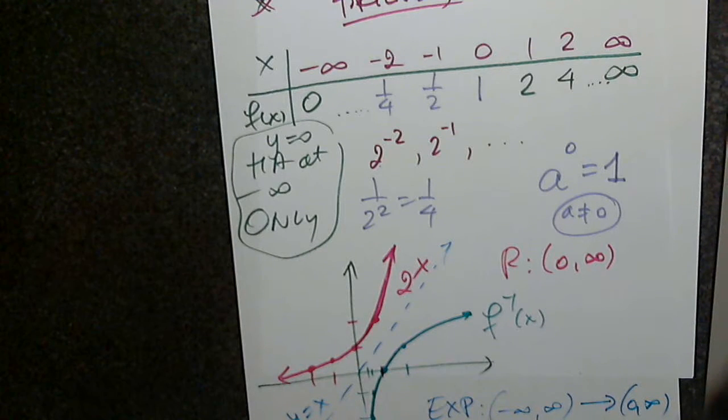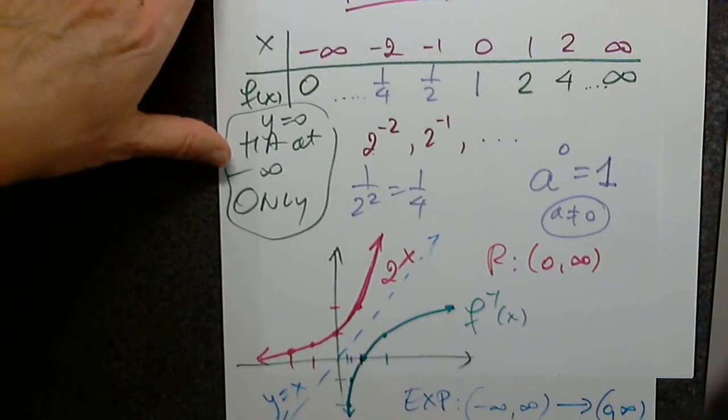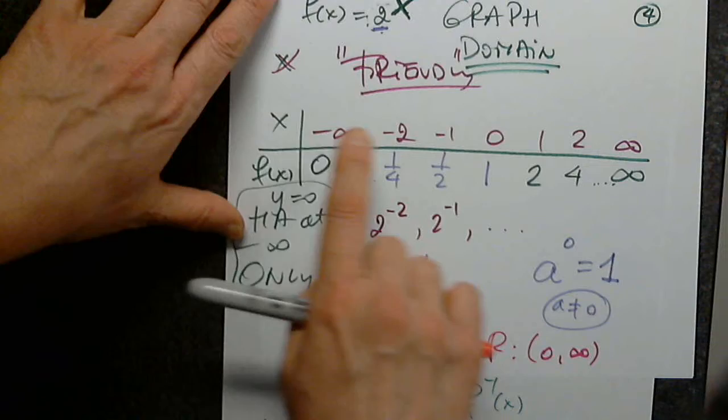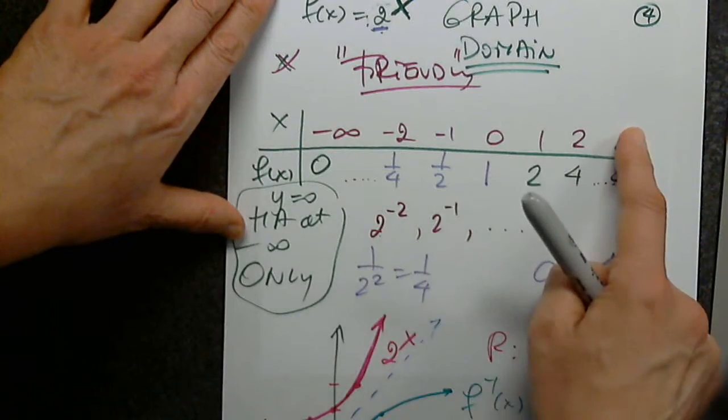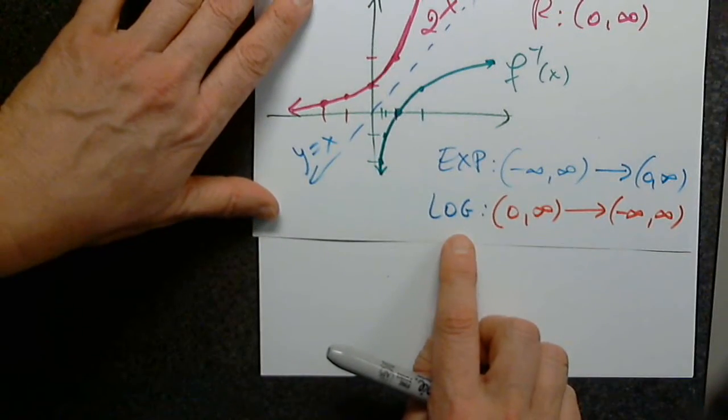That's how the inverse function works, right? So the exponential function is defined on all real numbers and the range is 0 to infinity. It must be reversed for the log.